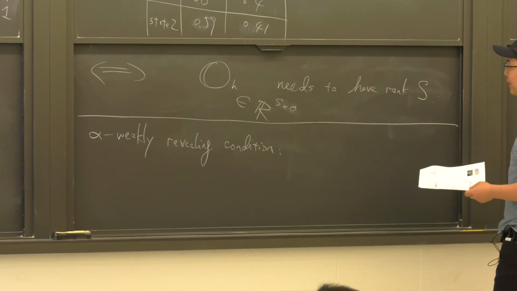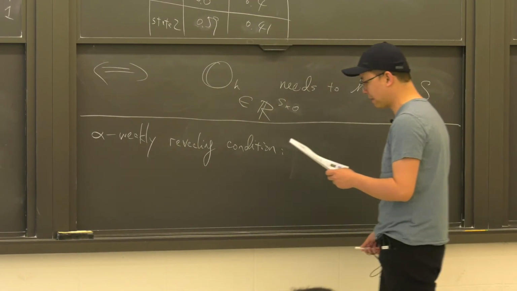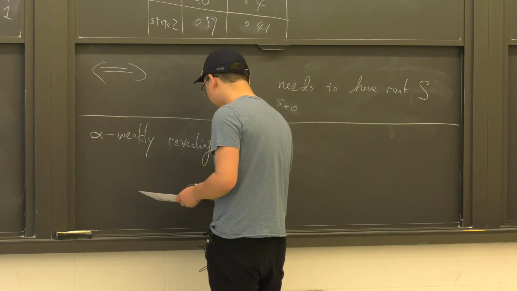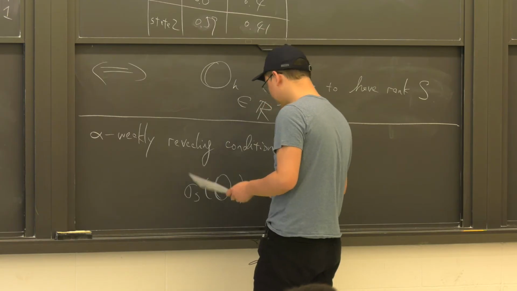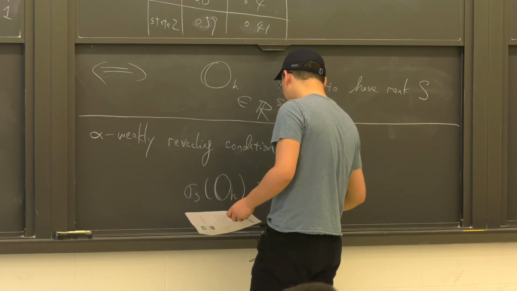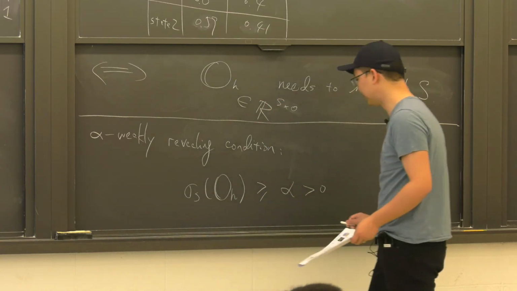So we say a POMDP is alpha weakly revealing if the S-th singular value of this emission matrix is greater than or equal to some alpha that is strictly greater than 0.